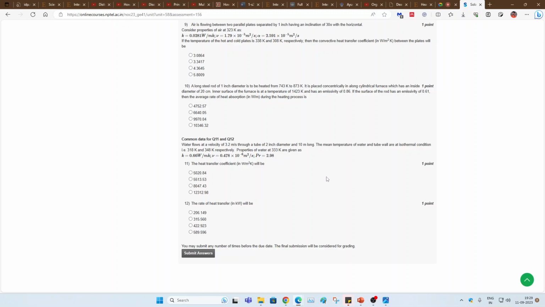You will get the Nusselt number value. After getting it, Nusselt number equals h into D upon k. You know the diameter D, you know the thermal conductivity k, so what you don't know is h. You know the Nusselt number, so just calculate the value of h. Okay, is that okay? Understood?